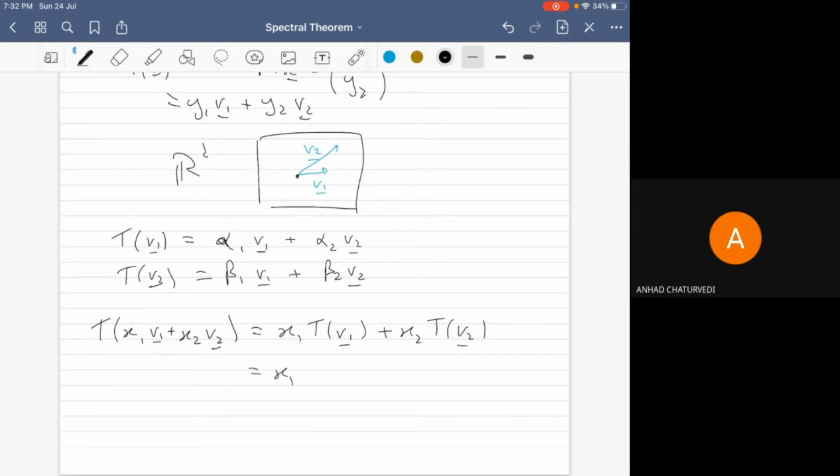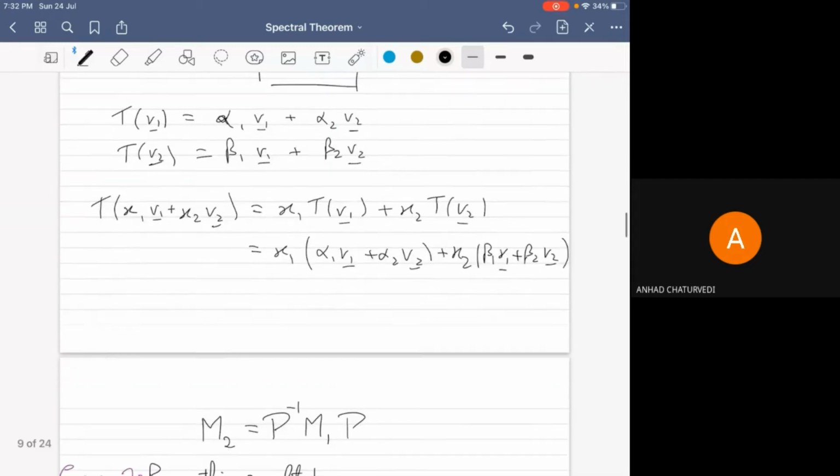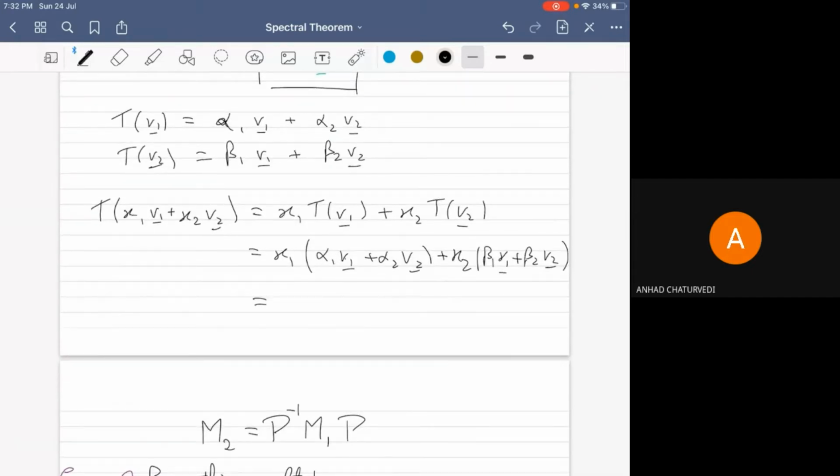which is in turn equal to this, plus x2. And now clubbing V1, V2 terms, this is V1 times alpha 1 x1 plus beta 1 x2 plus V2 times alpha 2 x1 plus beta 2 x2.